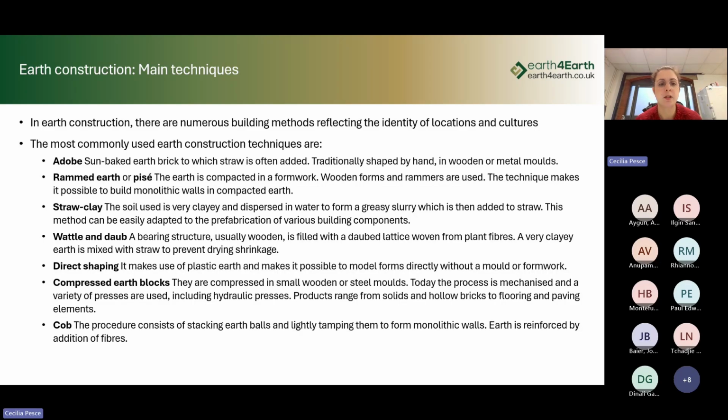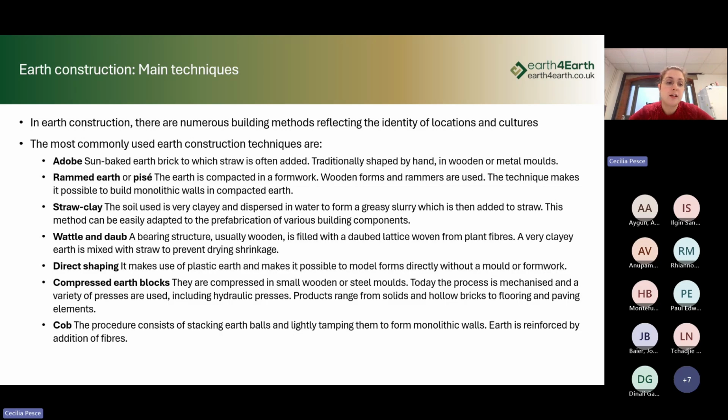Wattle and daub is a technique where there is a structure made of plant fibers or wood. It's like a grid or a lattice, and then earth is mixed with straw and is applied to the lattice by hand, so that a sort of panel is made.